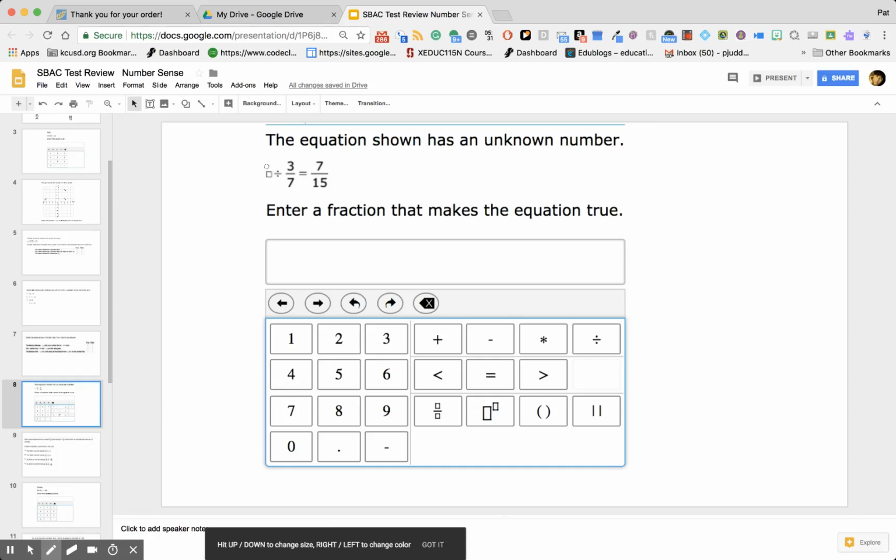If I have some number divided by 3/7 and it equals 7/15, well, if I work backwards, I'm going to look at 3/7 times 7/15.